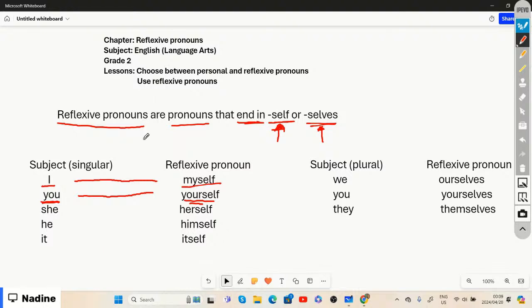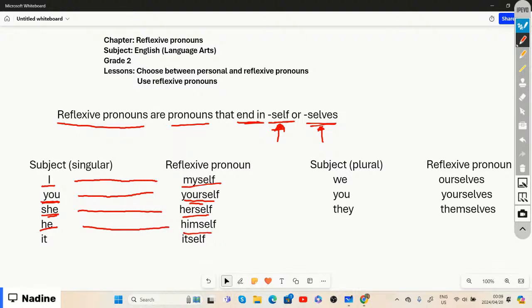And if we're talking about she, we're making mention of a lady, and the reflexive pronoun is herself, because we're referring to her. And if we're referring to a man or a boy, which is he or him, then he refers to himself as a reflexive pronoun.